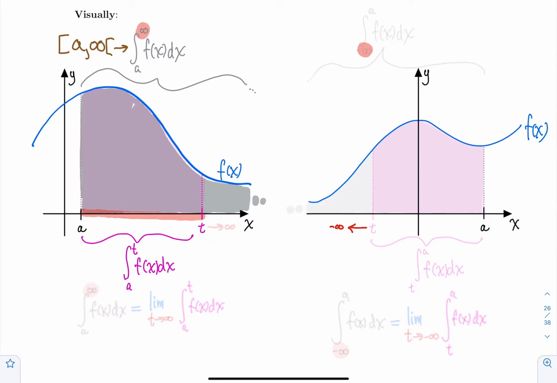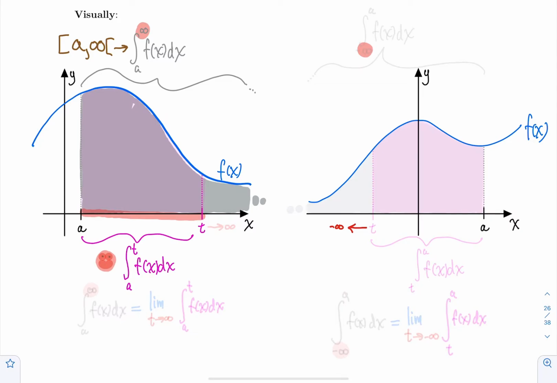And here there's no problem, because my function f over a to t is well defined over a closed interval. So we know how to compute this. If we have a primitive for small f, let's call it big F, we know this is big F of t minus big F at a. So there is a way to compute that region.